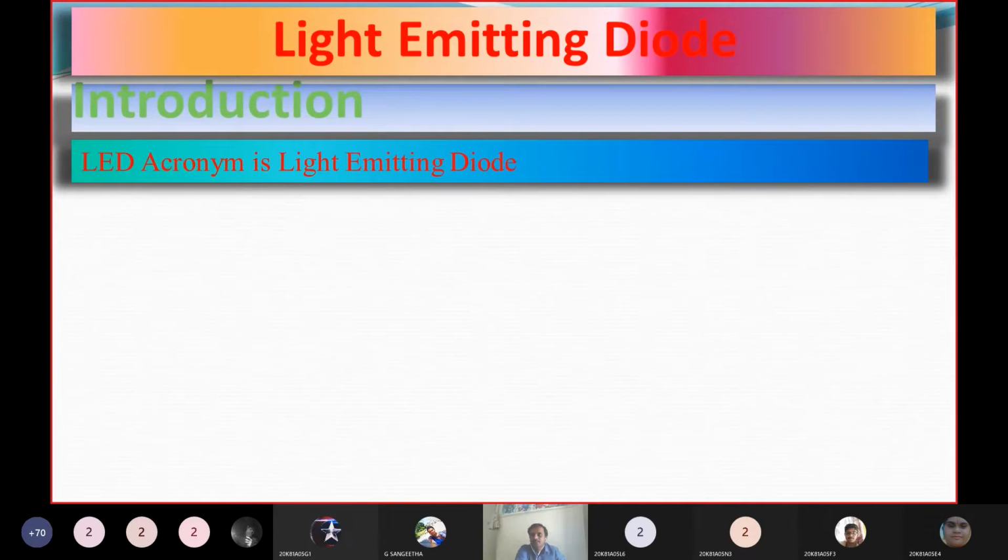Now we will discuss the light emitting diode, LED. First of all, we will go to the introduction of LED. The LED acronym is light emitting diode. The light emitting diode is a solid state light source.